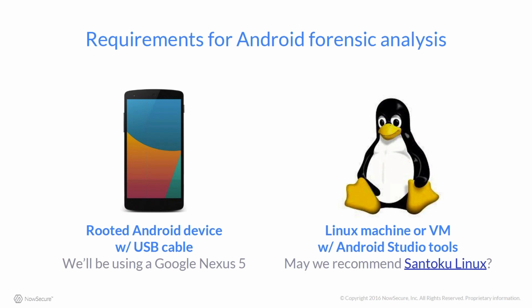And the second is that you have a Linux system or virtual machine that has Android Studio tools installed. We link out to our Santoku Linux, which is a freely distributed virtual machine where we've combined all of the mobile forensics and security open source tools in advance for you. So once you download the VM, you should be all set up and ready to go.